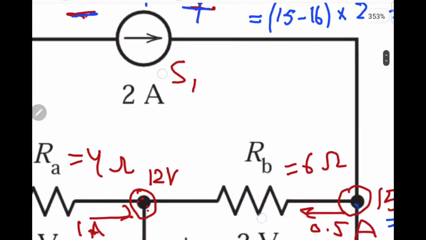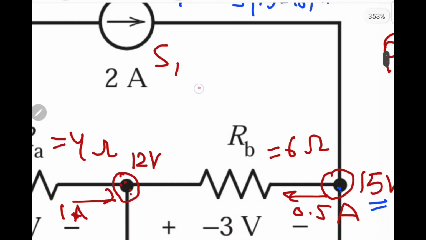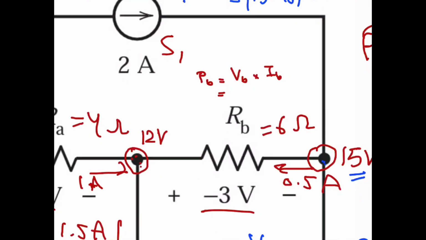What about PB? So PB is VB multiplied by IB. VB is equal to 3 volt multiplied by IB, which is 0.5 ampere, and that gives me 1.5 watt.